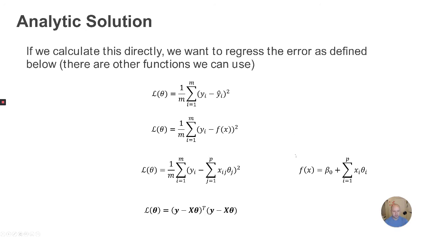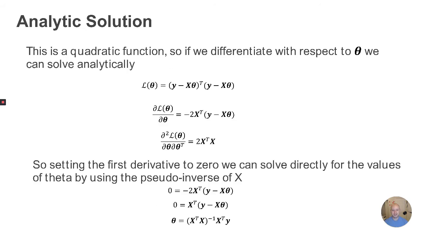Because it's flat. I'm not going to go into too much detail about all the guarantees here and how to actually do this, but you can take the multivariate derivative of the loss with respect to the thetas, and arrive at negative 2 x transpose times y minus x theta.